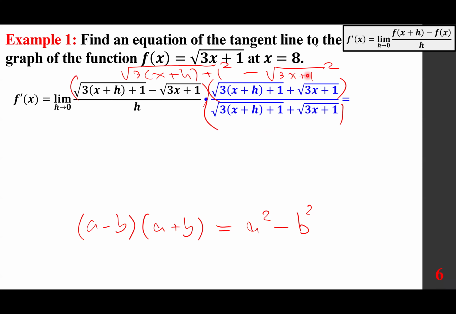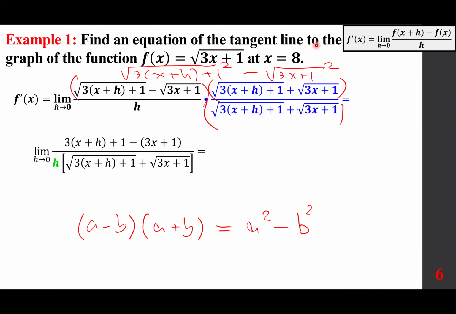The top, this comes out, and we get the limit as h approaches 0 of 3 times x plus h plus 1 minus the parenthesis 3x plus 1. As I mentioned, the bottom, you just don't touch it. We are going to distribute. We get 3x here, 3h plus 1 minus 3x minus 1.